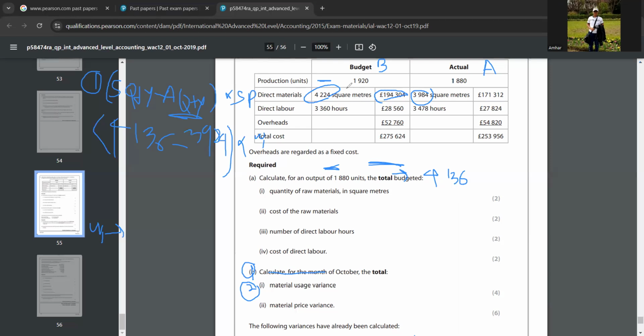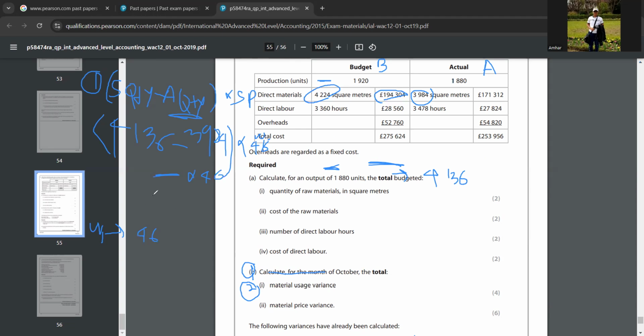Yeah. If you divide this by this, 194,304 divided by 4,224 will give you 46. So this is the per unit price. So standard price will be 46. So put 46 here. And then you solve this. This minus this, get the answer and put it here. That answer into 46. What's the answer?